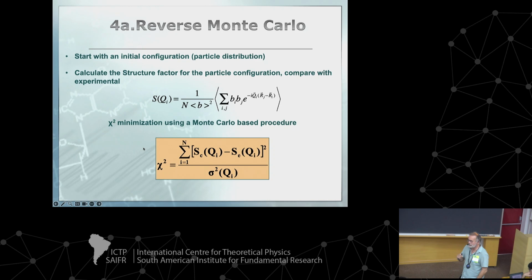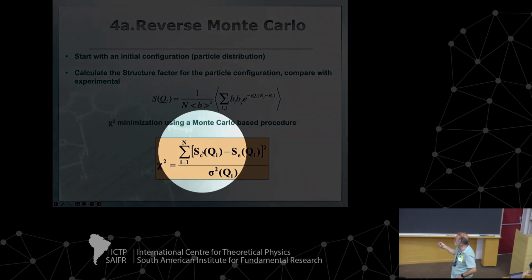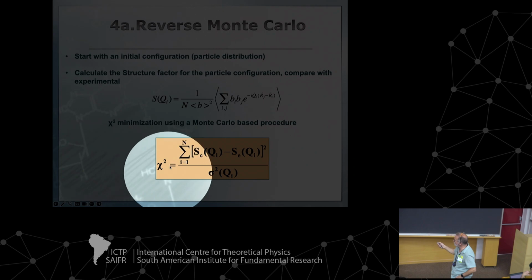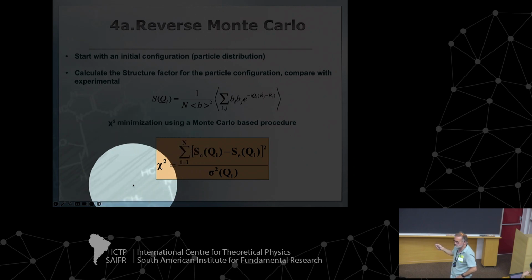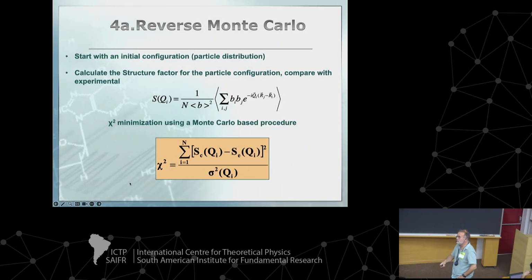So actually it's a multiple variable minimization process. Why multiple variable? Because the variables you have to minimize are the positions of the particles, right? So you have to move the particles until this quantity is minimum. And this position will be the spatial configuration that is most compatible with your initial structure factor.